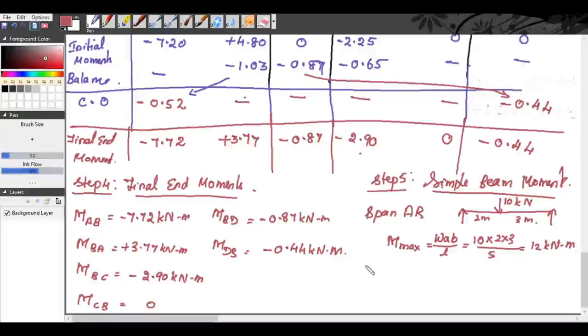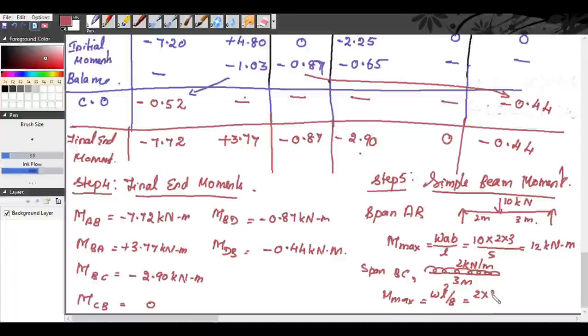Similarly, for the span BC, we have an UDL of 2 kilonewton per meter for a distance of 3 meter. So, M max is equal to WL square by 8.